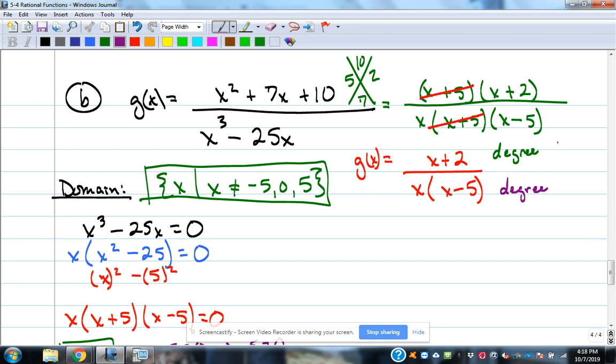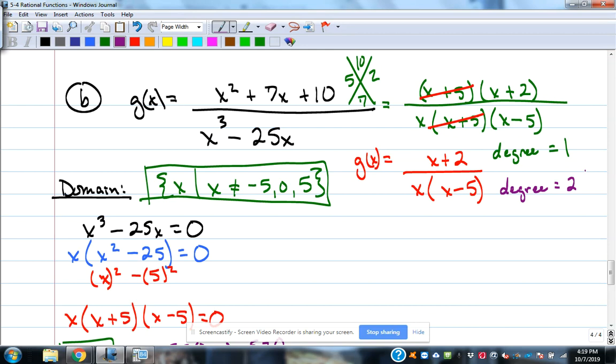Okay? What's the exponent on this x right here? 1. So the degree is 1 on the top. So the degree of 1 up top, put that degree. And on the bottom, 2, because if I say x times x, I get x squared, right? So that's a degree of 2 on the bottom.